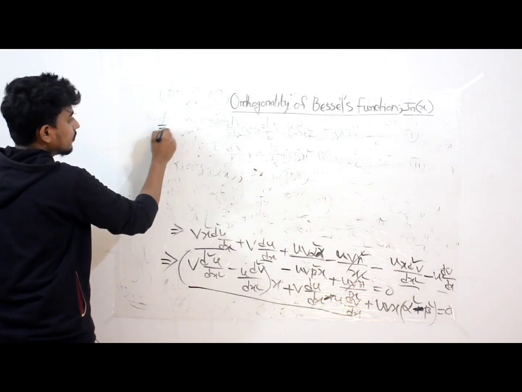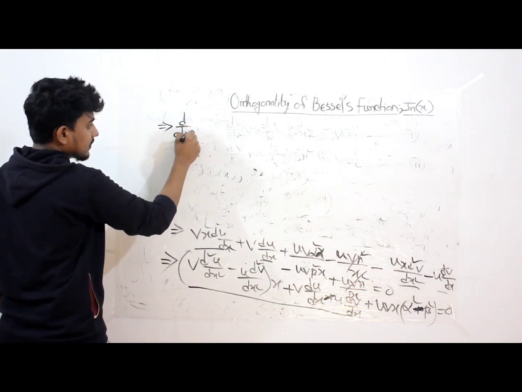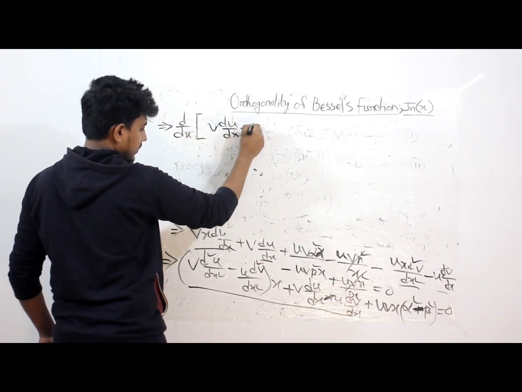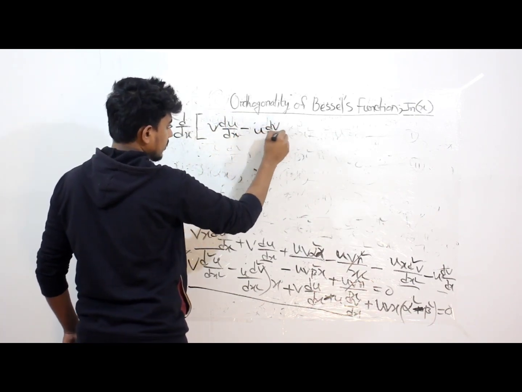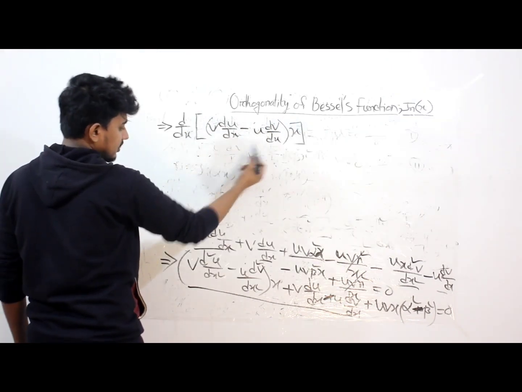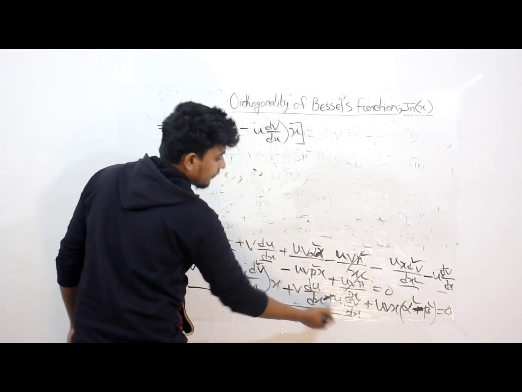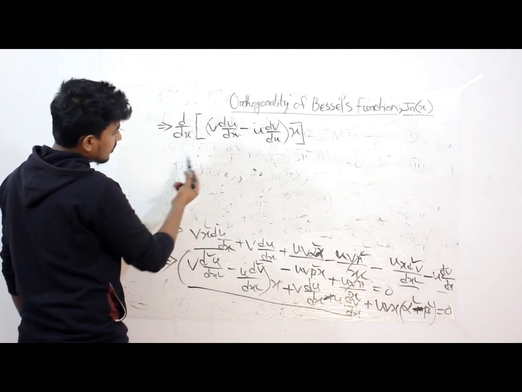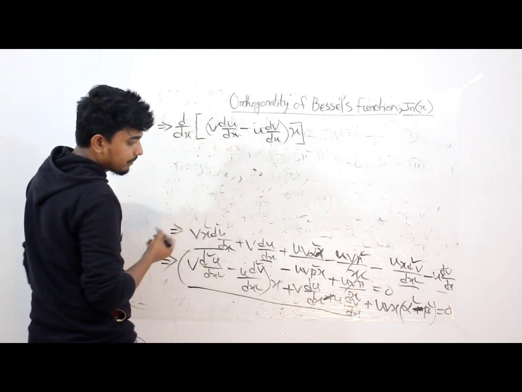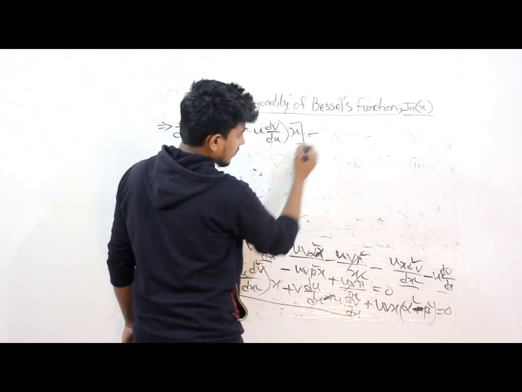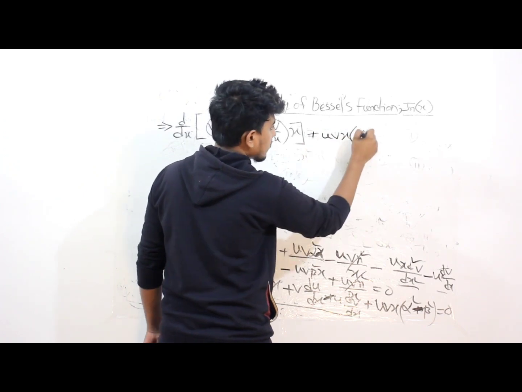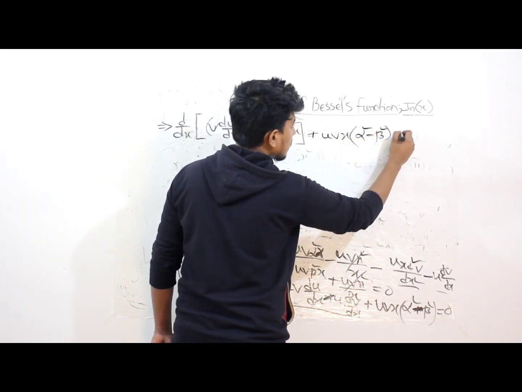Okay, we can write this term like this: d by dx of v du by dx minus u dv by dx into x. If we differentiate this term, then we will get this term. That means this is the differentiation of this term, and after that plus u v x into alpha square minus beta square equals 0.